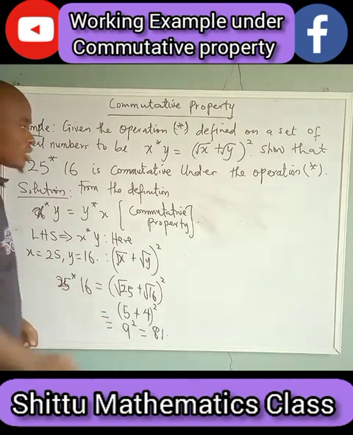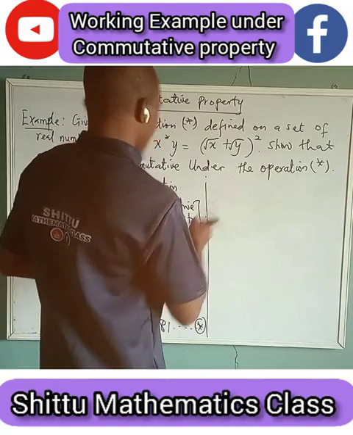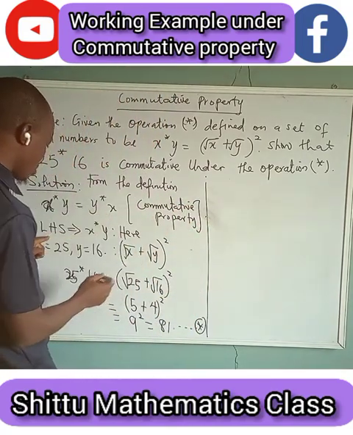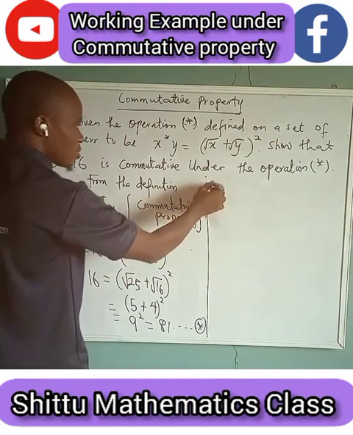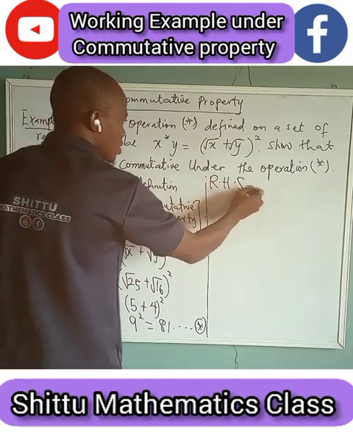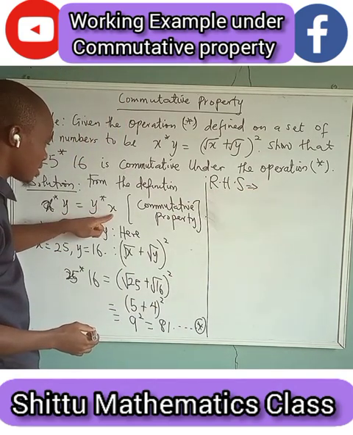Now, coming to the second one here, that is y asterisk x. We consider the RHS, which is the right hand side. The right hand side is y asterisk x.